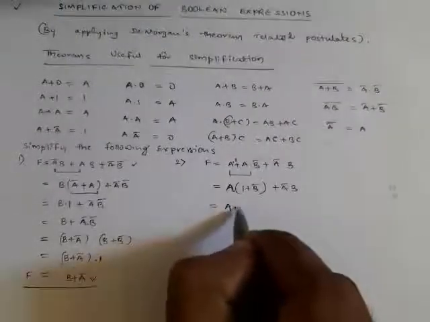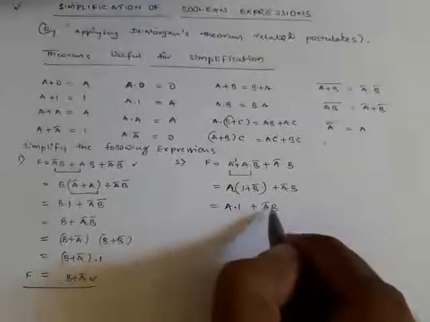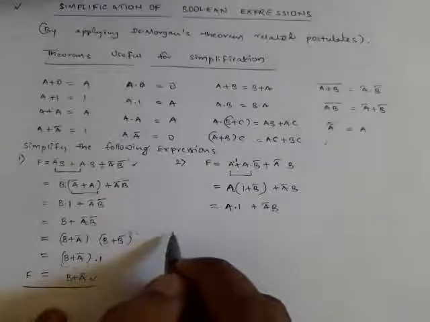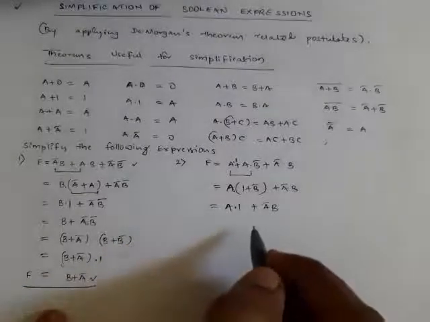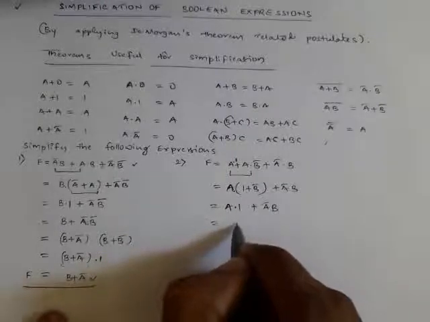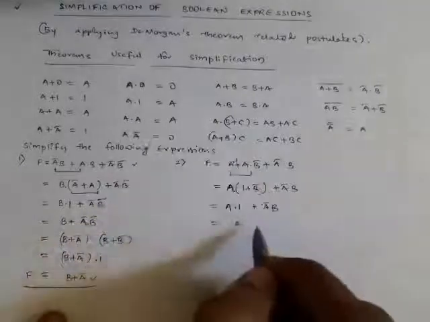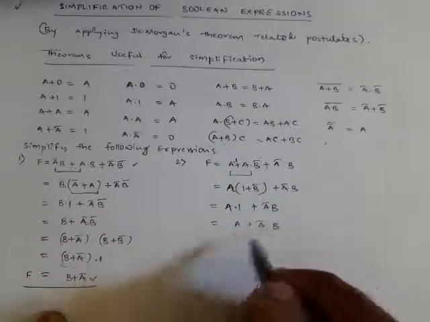So this can be written as a dot 1 plus a bar b. And a dot 1 is a itself, so a plus a bar dot b.